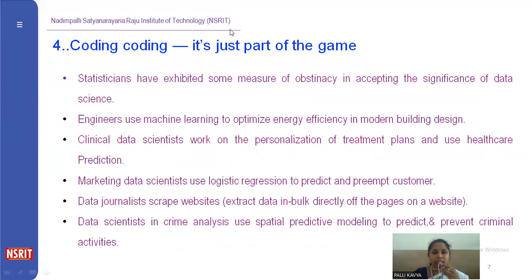And next, another important aspect of working with a data set is coding. Coding is one of the major concepts in data science.